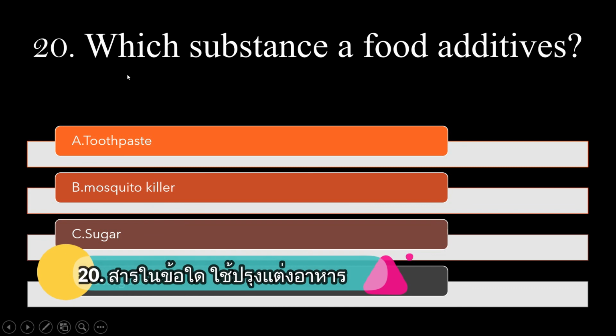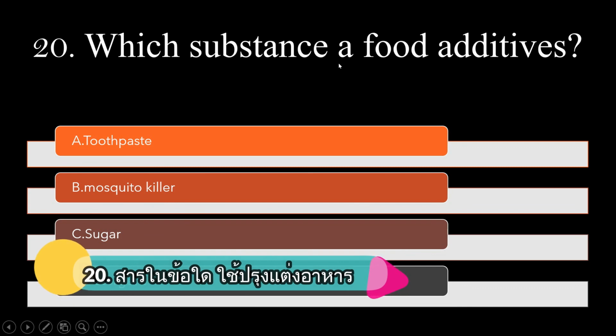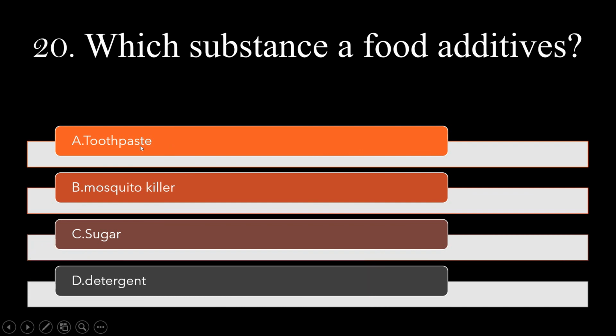20. Which substance is a food additive? Okay. A food additive means you can mix it with other food, or you can eat it. You can mix it into other foods or you can eat it, okay.